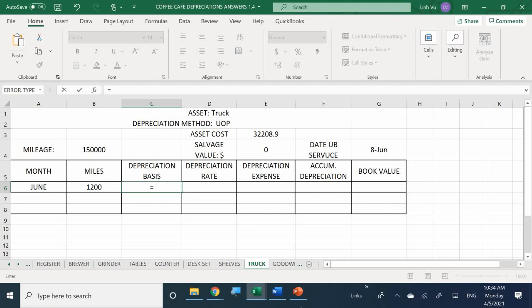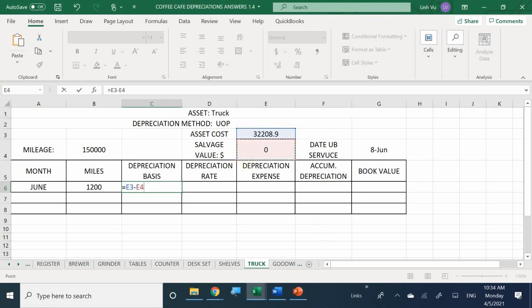Where did you get that number from? I go mileage divide with 1,200. The cost of asset less base value. That's not the correct one for the units of production. Actually, wait, no. You're correct. I'm sorry, I'm thinking about another one. So yes, it is going to be asset cost minus residual value or salvage value.